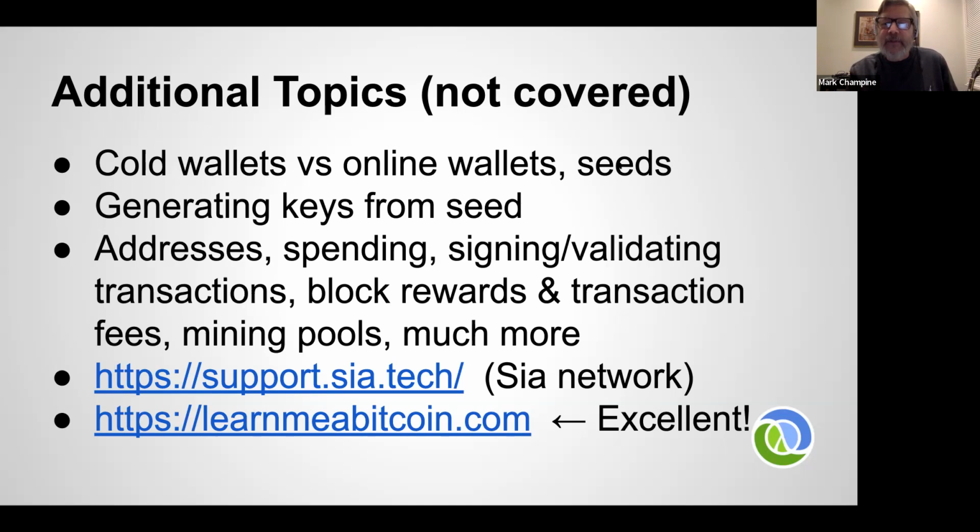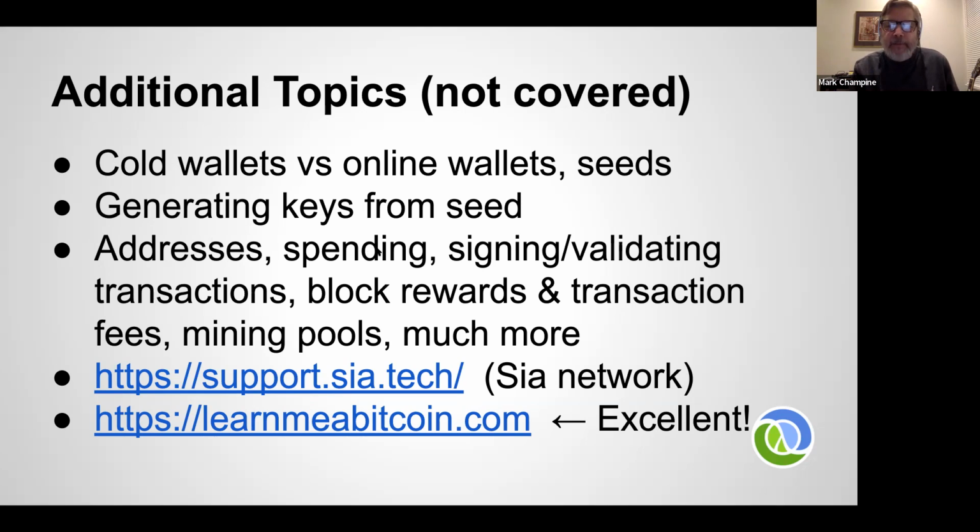There's this concept of seeds. There's a deterministic process for generating all the public keys that you're going to use in your spending transactions. So that's a whole interesting process of how a set of keys can be generated from a seed.